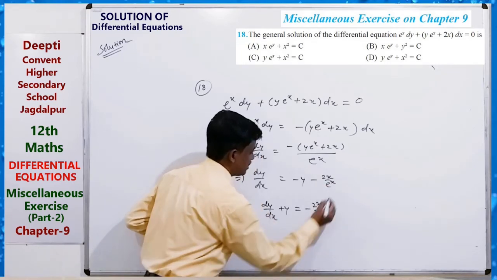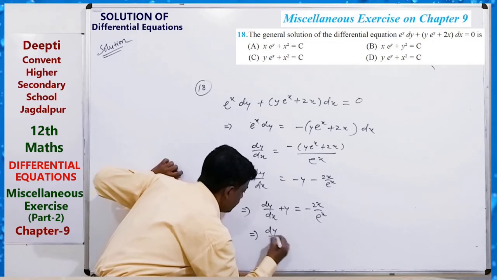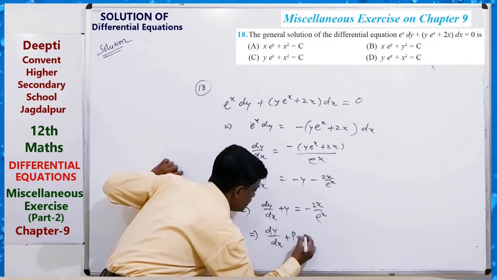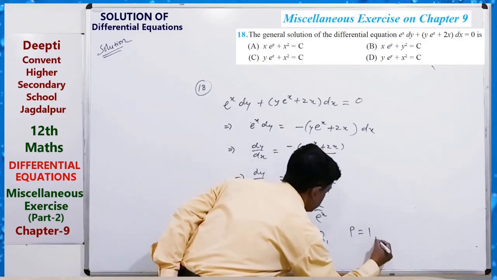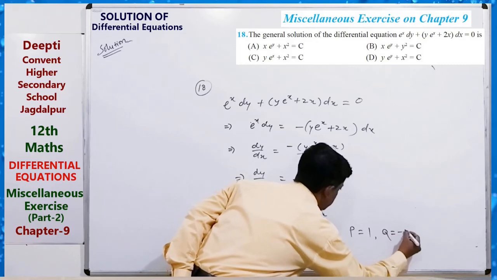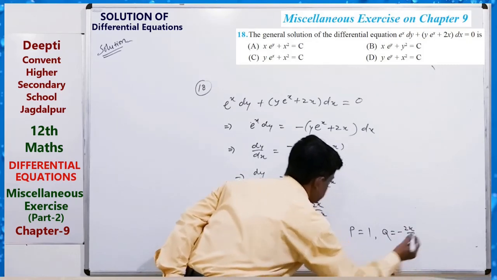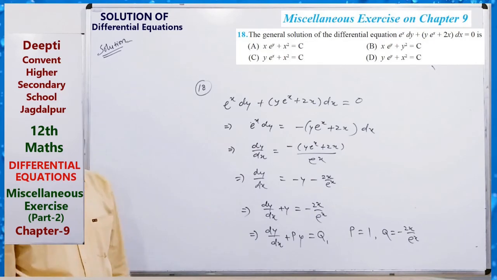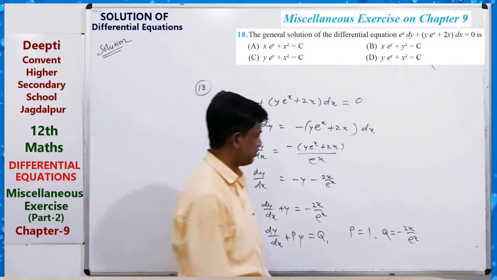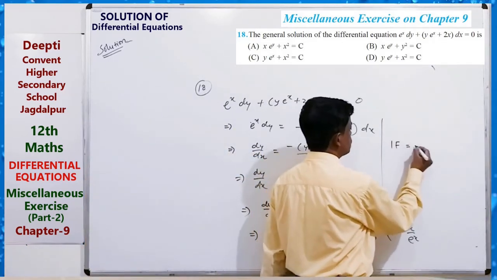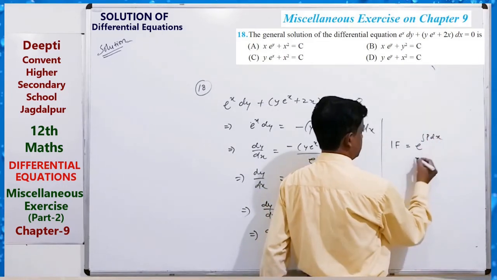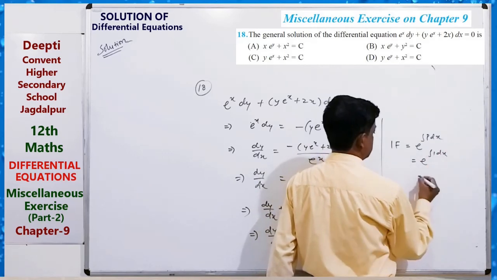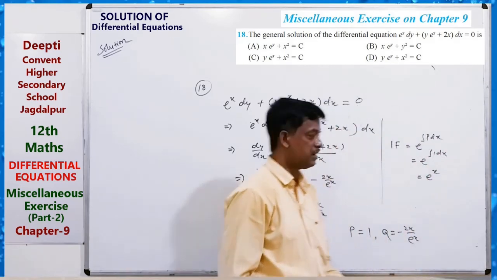In which form is this? dy by dx plus Py equals Q, where P equals 1 and Q equals minus 2x upon e to the power x. So it is a linear differential equation of first order, first degree. First of all we have to find the IF: IF equals e to the power integration of P dx, that is e to the power integration 1 dx, which is e to the power x.